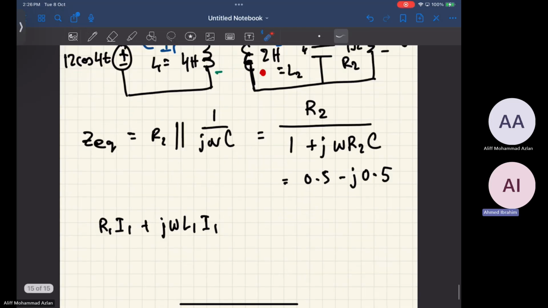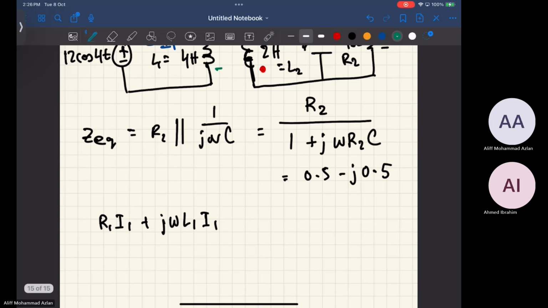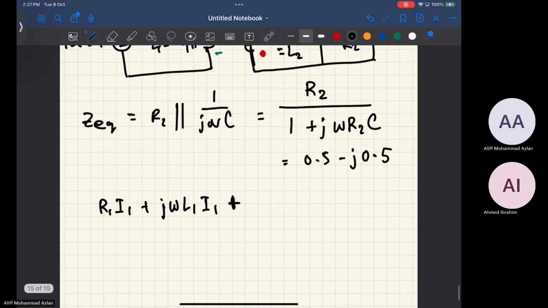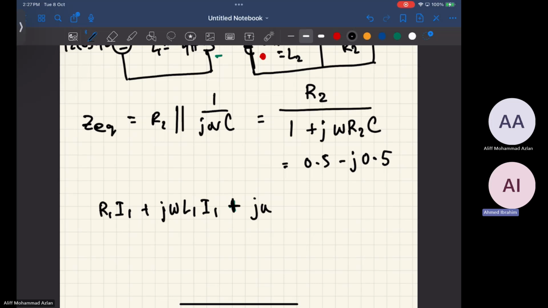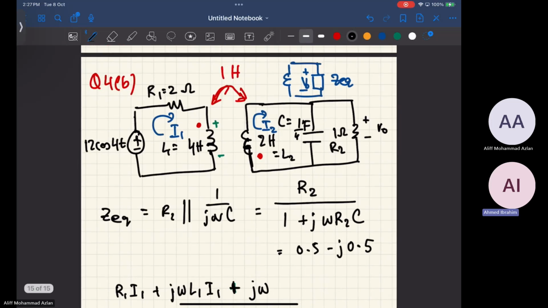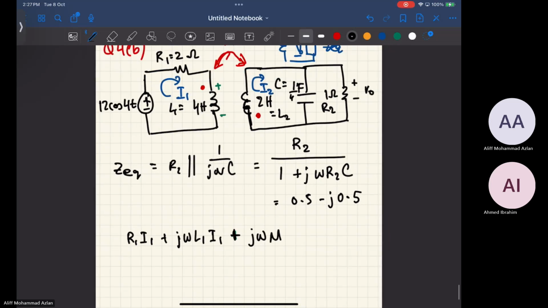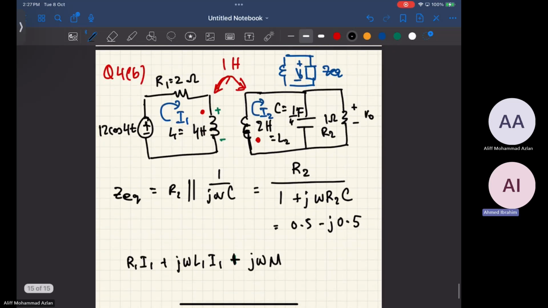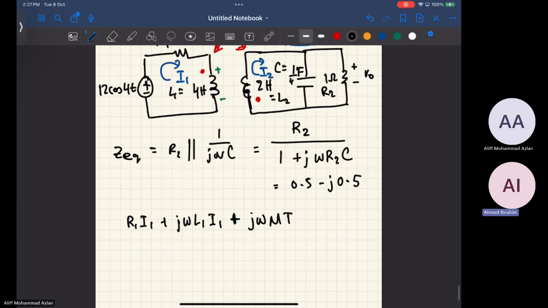So in this case, it's going to be a plus. And that's going to be J omega, we use the mutual inductance, M. And the current is going to be the current that induced the voltage, in this case, I2. And that is equal to the source voltage, which is 12.